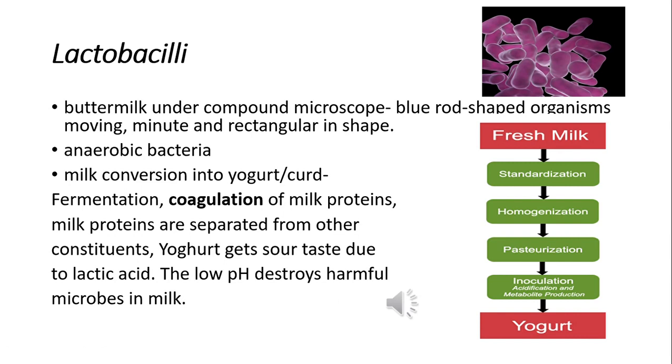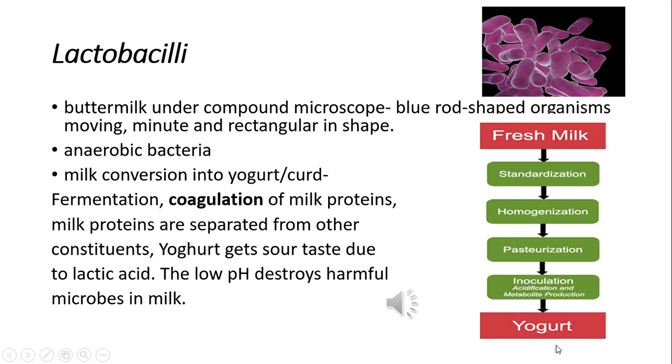Now look at this flow chart on the right, which shows the process of industrial production of yogurt from fresh milk. The fresh milk from cows and buffaloes goes through different stages: standardization of the fat, homogenization, pasteurization, and then inoculation is the stage where these lactobacilli are added to the milk and they convert milk into yogurt.